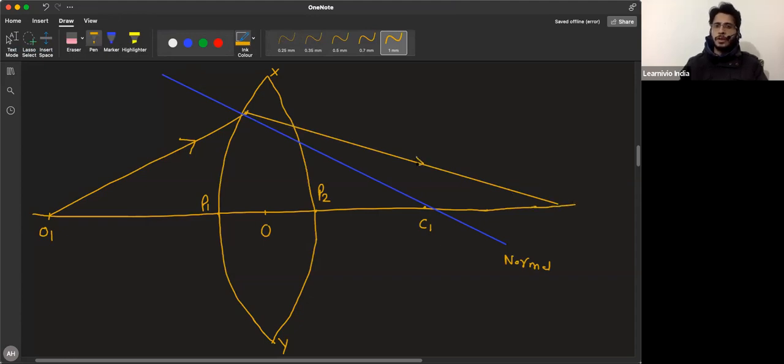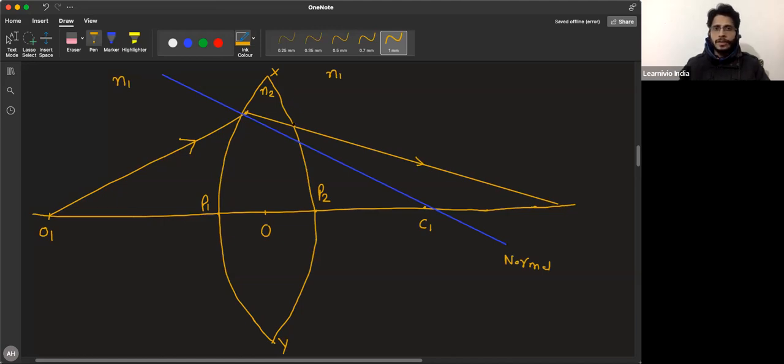But what do you think? Can this ray travel in a straight line, or will it undergo a second refraction? It will undergo a second refraction. See, this is the second surface. Let's say this is the medium of refractive index N1. This is the medium of the lens, N2. The ray is going from N1 to N2. Now this ray is going from N2 to N1 again, so there is another refraction.